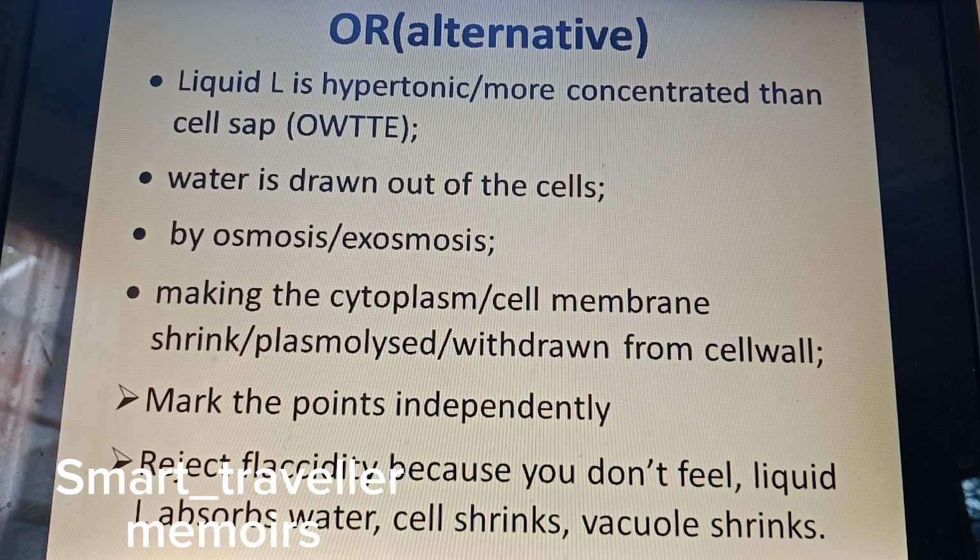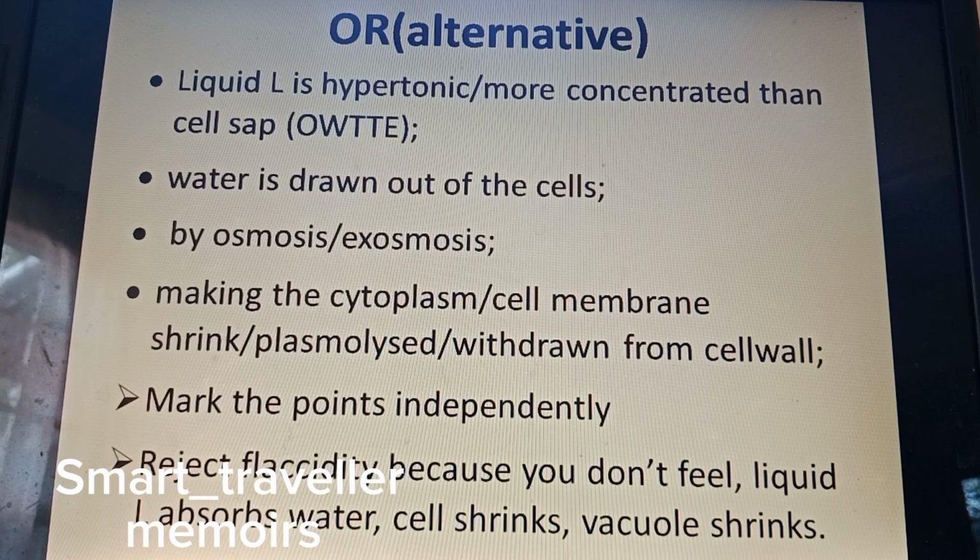By osmosis, you get a mark. Making the cytoplasm or cell membrane shrink, or plasmolyzed, or withdrawn from the cell wall, a mark.